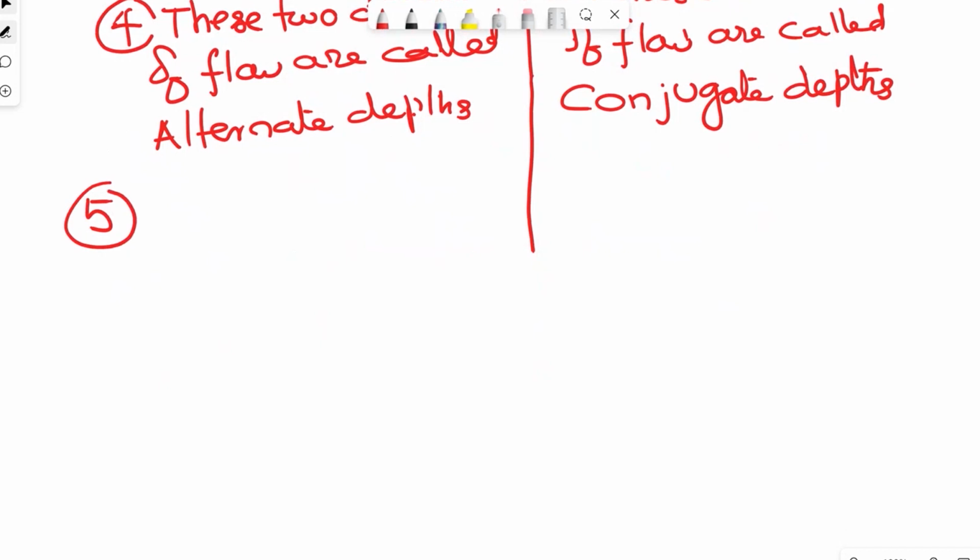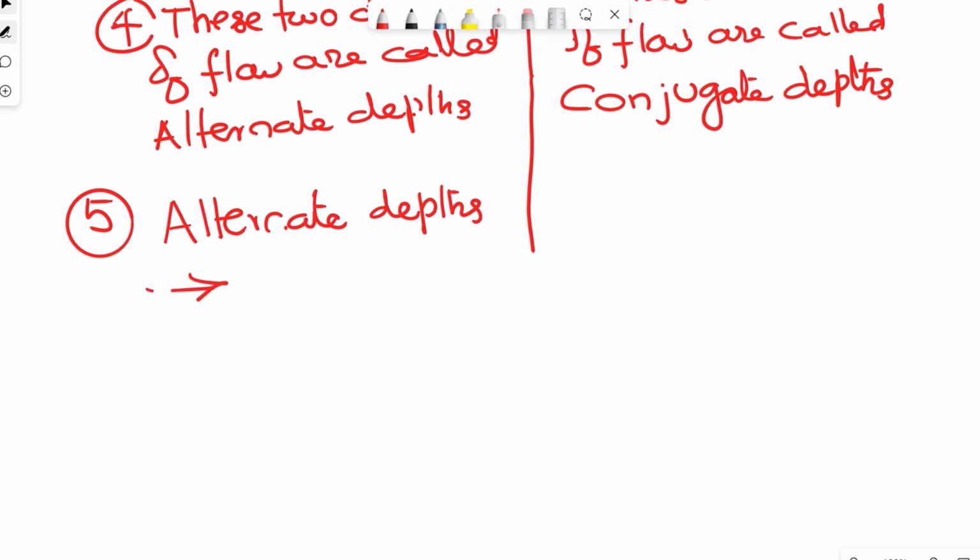Last point, the conclusion: alternate depths means E is constant.